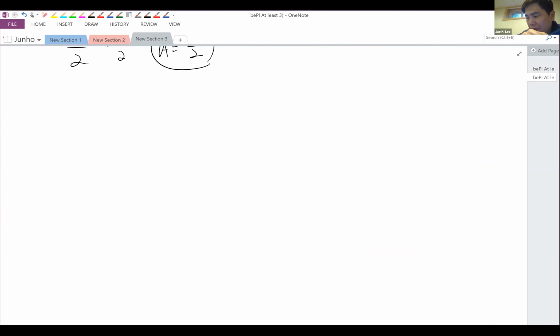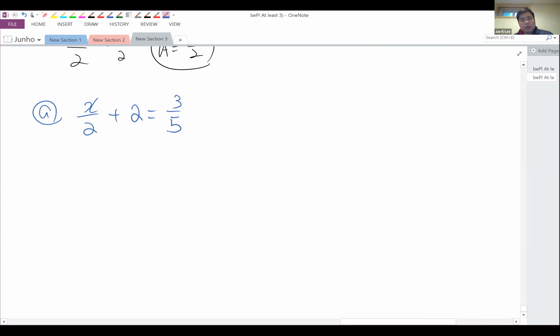So simply think about this problem: x over 2 plus 2 equals 3 over 5, okay? Before we do it together, I'm going to give you some time to think about that. So please try to do it, and then a few minutes later, we will talk together, okay?